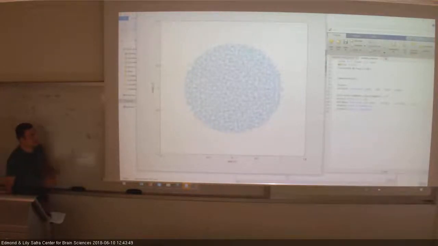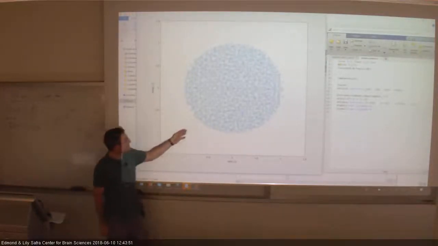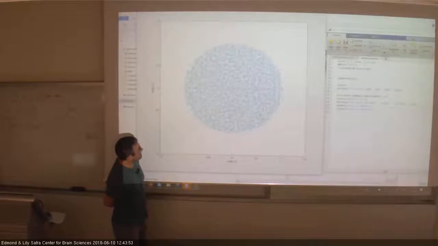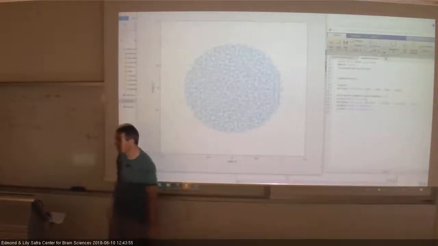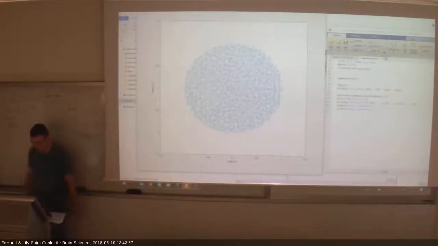But now we're interested in this problem where we don't have this theorem that tells us that things will converge to a fixed point. So what will be the behavior of the network in this case?